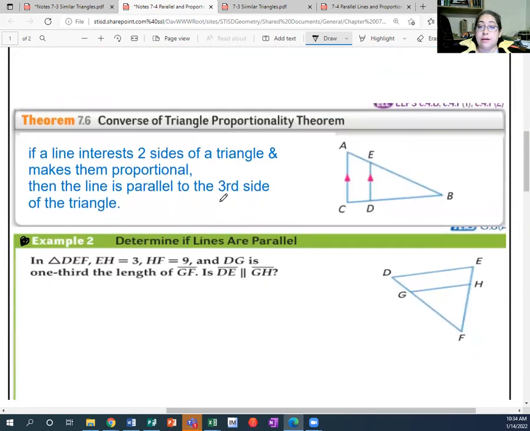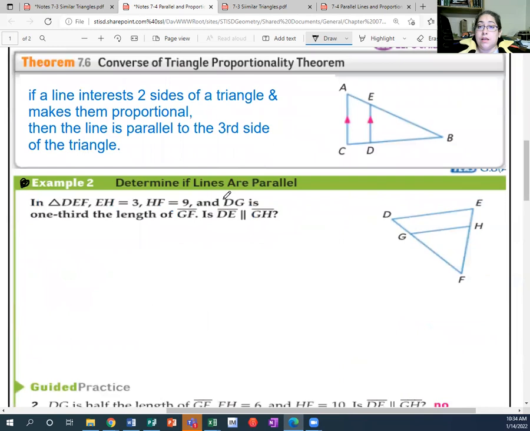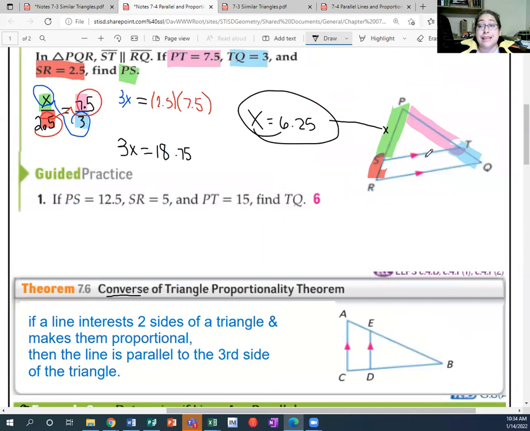All right, let's talk about our next theorem. Converse. That means it's the same as the triangle proportionality theorem that we just looked at, but it's going in the opposite direction. If a line intersects two sides and it makes those pieces proportional, then the line is parallel. Notice where this one said, if the lines are parallel, then these pieces are proportional.